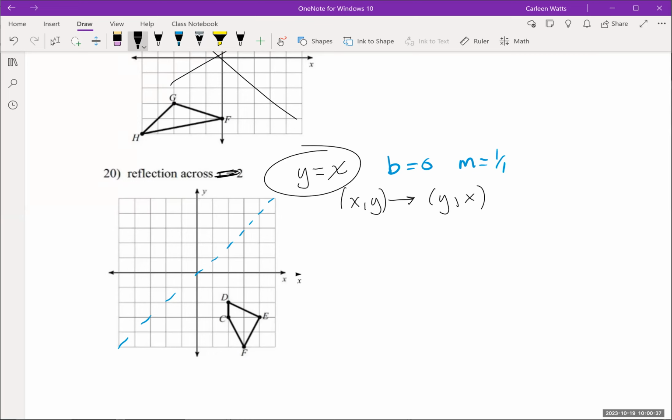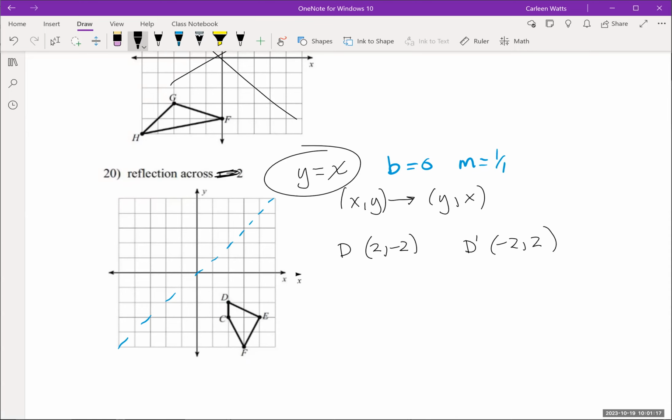So here we go. D is 2, -2. What is D prime going to be? Careful, careful. We switch the order and do not. Oh, my bad. D, yeah, no, my good.